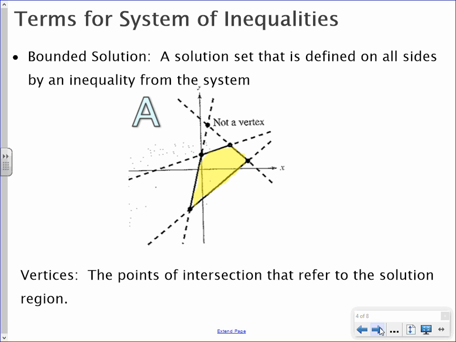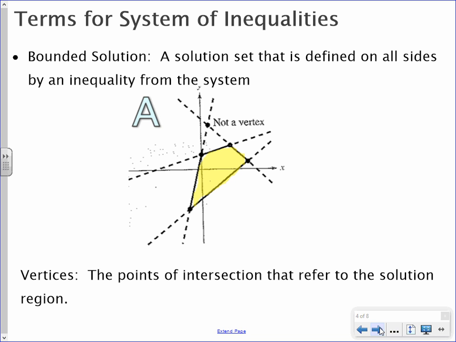Not the midpoint formula. What have we been doing this whole week? We've been finding where two graphs intersect. We've been finding the coordinates where two graphs intersect. So if we need to find a vertex, we need to see where those two intersect.